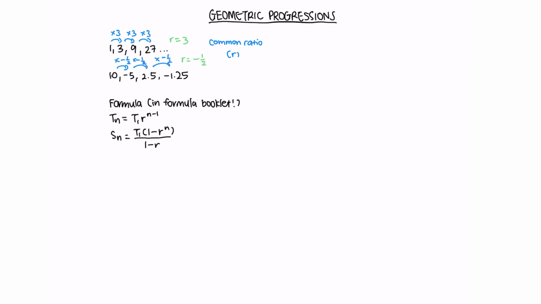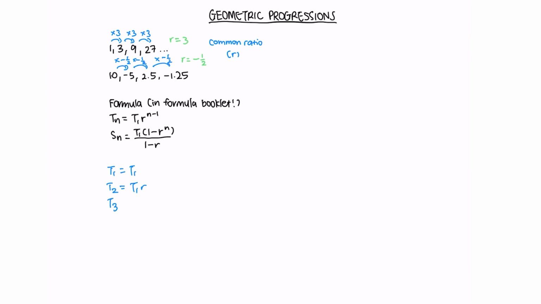Now let's look at some of the formula that we're going to be using. Remember this is all in the formula booklet, so don't worry about remembering them, but it's good to know. Tn is just T1 times R to the power of n minus 1. So T1 is just T1, T2 will just be T1 times R, because we're taking n as 2.